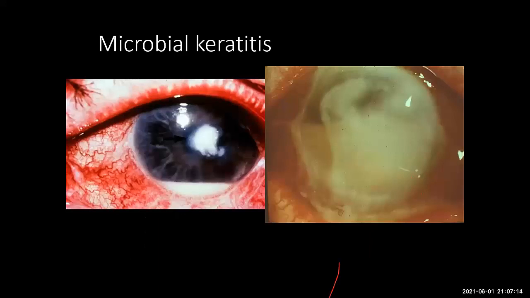Now these are pictures of microbial keratitis, and here you see a central ulcer, and then you see hypopion or pus in the anterior chamber. And here the most important noticeable feature is actually circumcorneal injection.